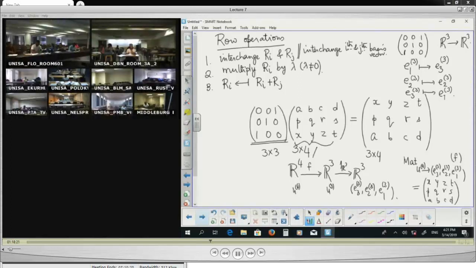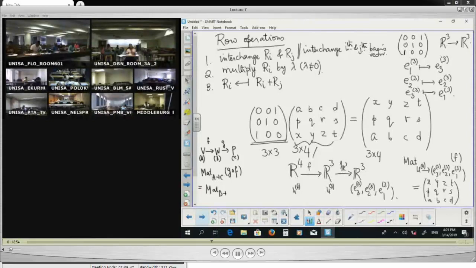Say a basis over here is A, the basis is B, and the basis is C. The matrix from A to C of G composed F, remember what is it? It is the matrix from B to C of G, times the matrix from A to B of F. Right?